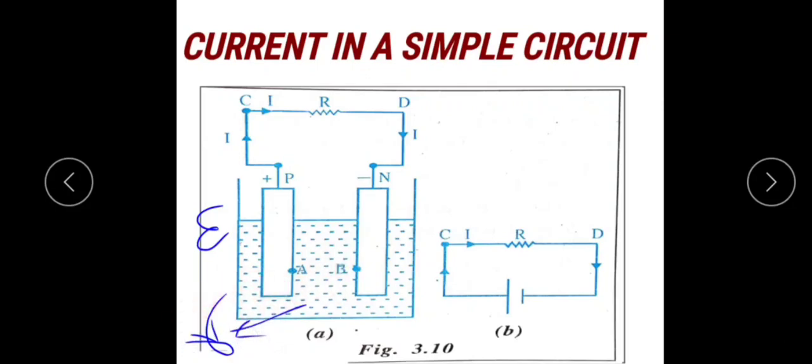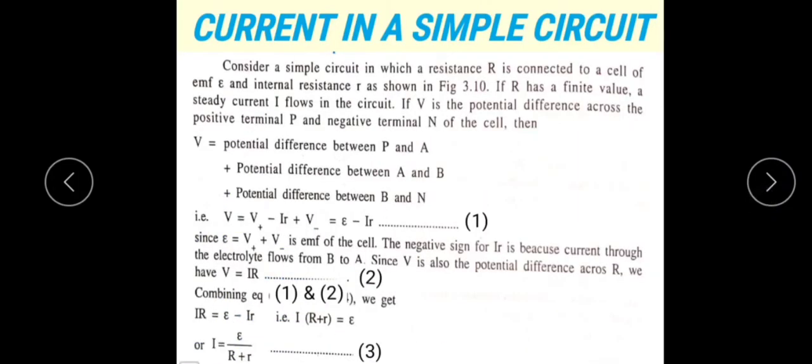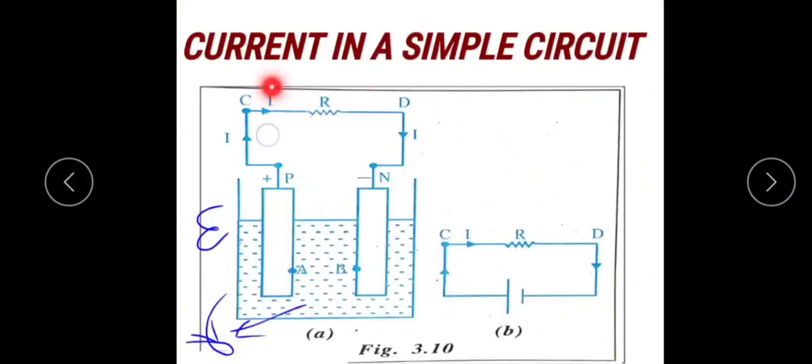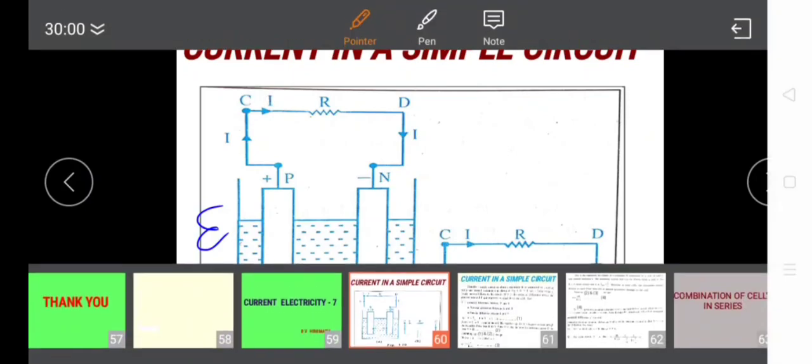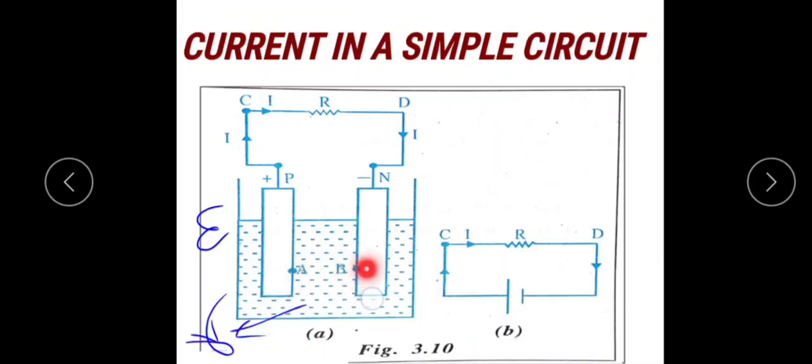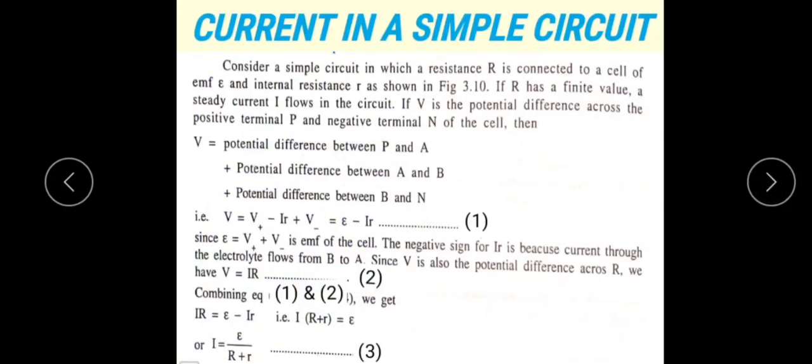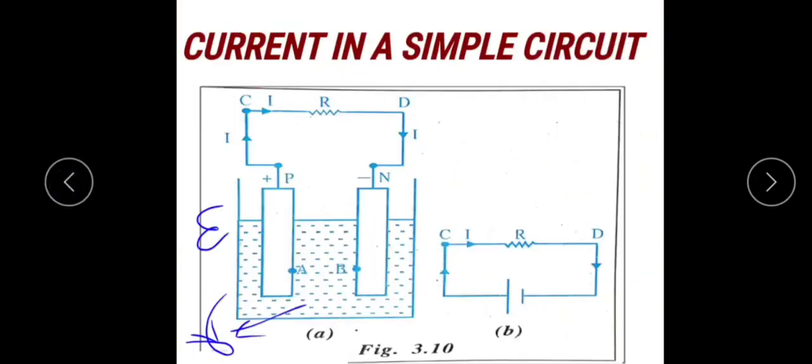Here it is small r, not capital R. Capital R is considered the external resistance, and small r is the internal resistance of the cell. Hence the potential difference across AB is equal to Ir, in terms of negative.